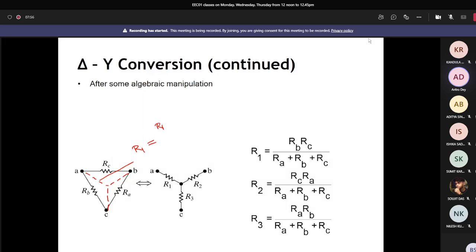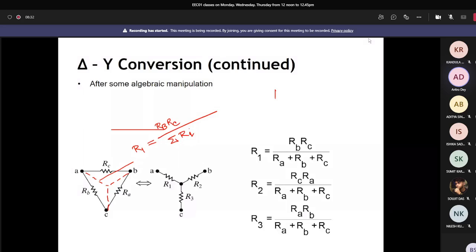You directly write RBRC, and below it the summation of all three, the sum of Ri where i goes over A, B, C. Similarly, when it is between RC and RA, it is RCRA divided by the sum of all three resistances. For R3, it is RARB divided by this. In that way, you can directly remember and apply it when you have to reduce the network. So this is from delta to star.